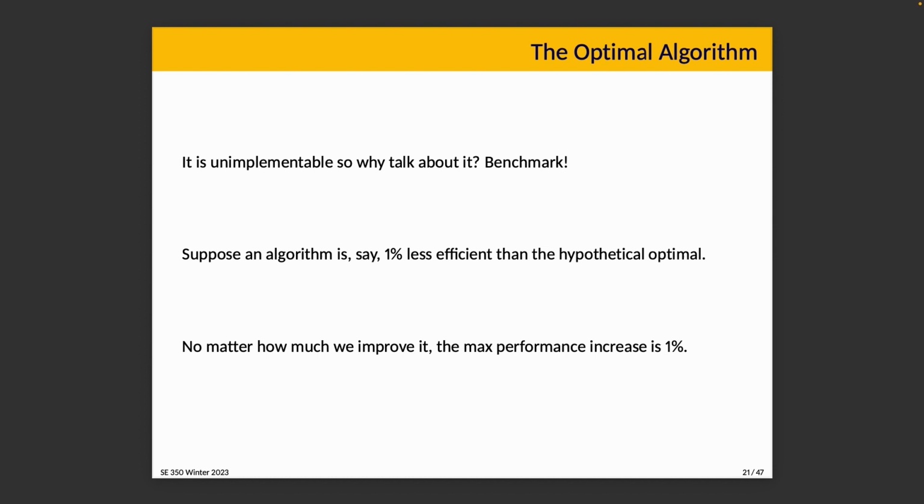If we do find, however, we're doing much worse than the optimal algorithm, it suggests, well, maybe doing something a little bit different would yield more opportunity for speed up or for benefit, right?